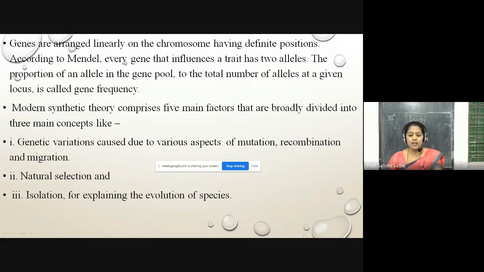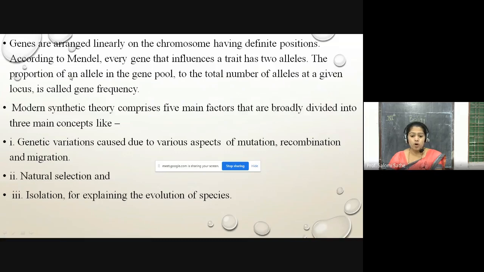According to Mendel, every gene that influences a trait has two alleles. I repeat, according to Mendel, who is a scientist, every gene that influences a trait has two alleles, two characters.